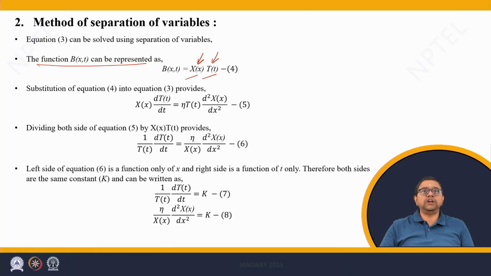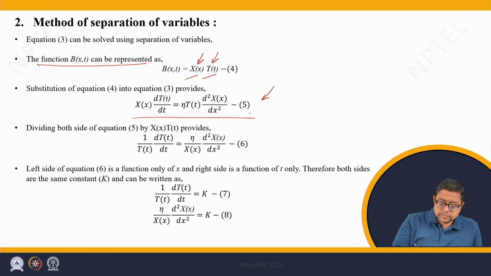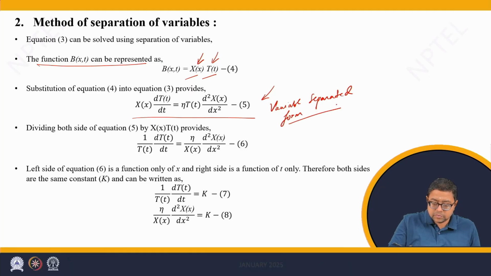Now, substitution of this equation into equation number 3 gives us X into dT by dt equals eta T del squared X by del x square. This is the variable separated form.